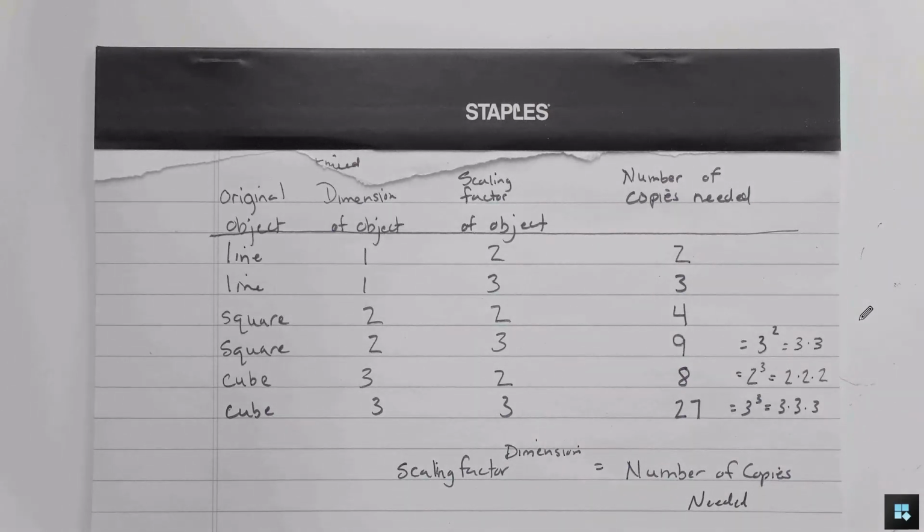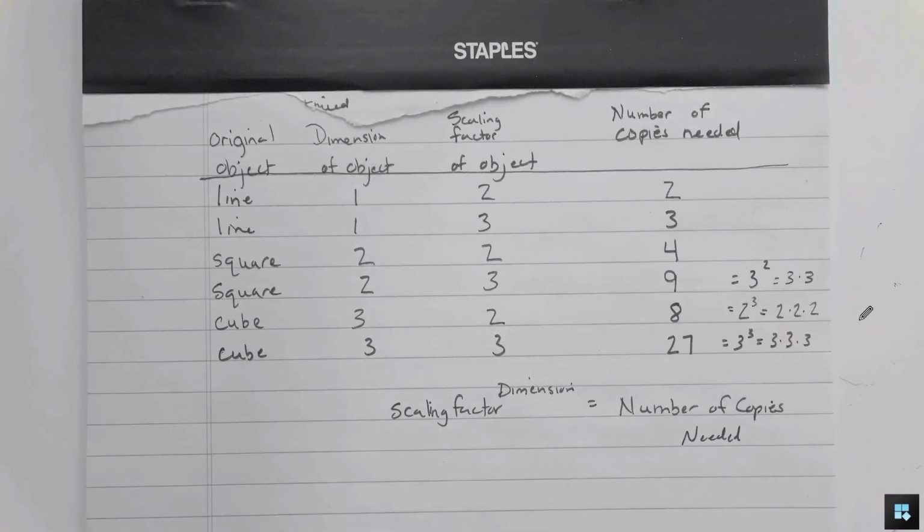So good job picking that out. So we have S to the D is N. That's our definition for dimension. The dimension is the exponent that you raise the scaling factor to get the number of copies that you need.